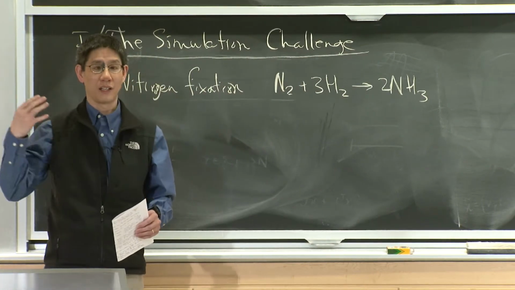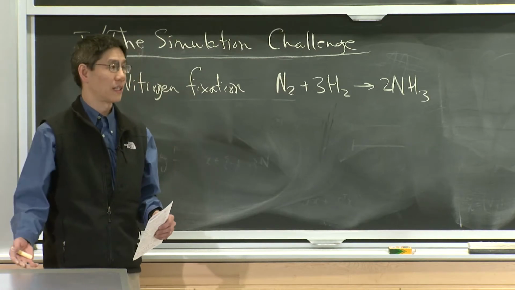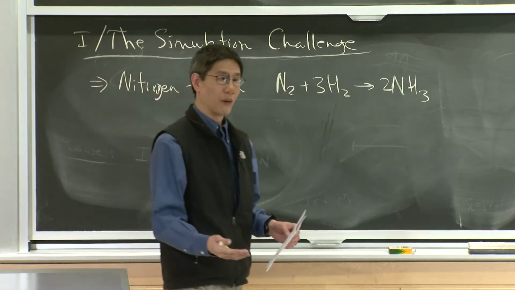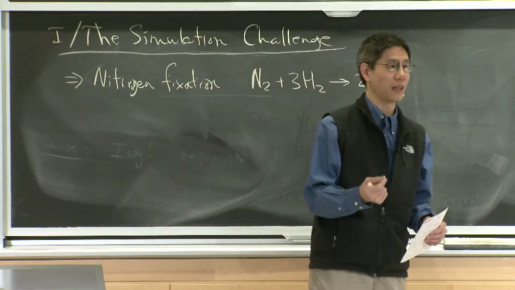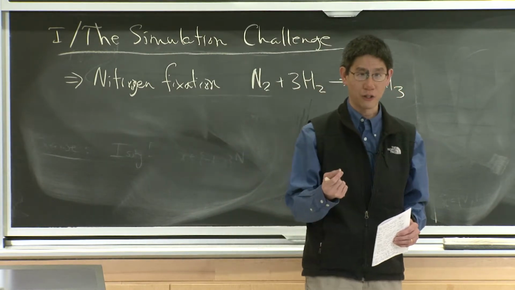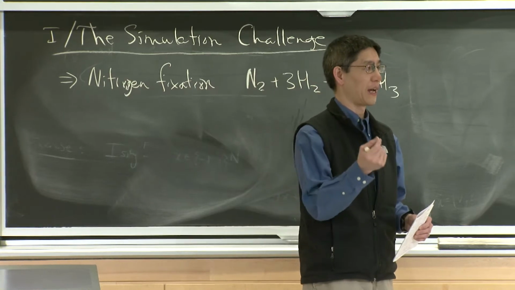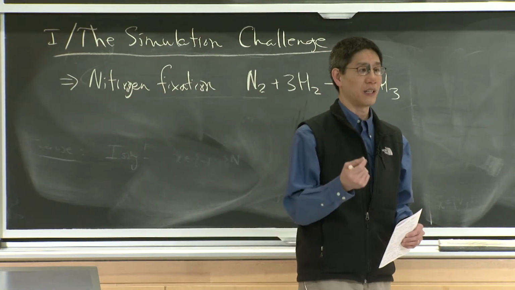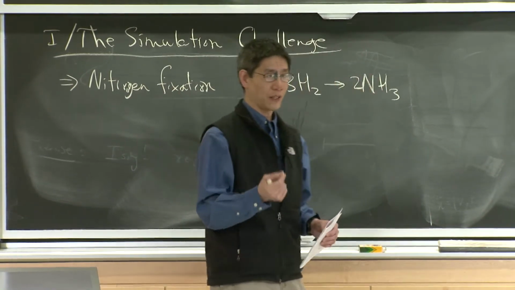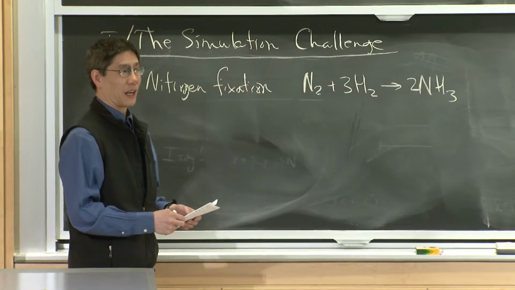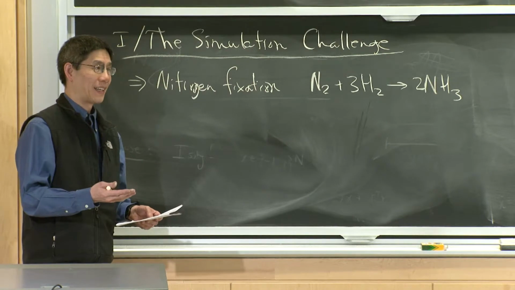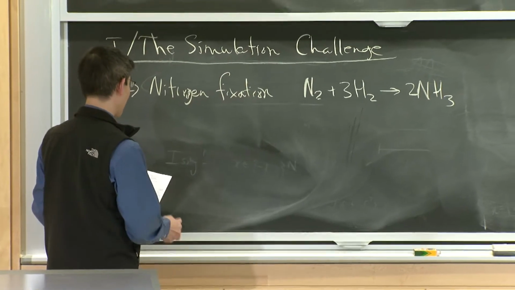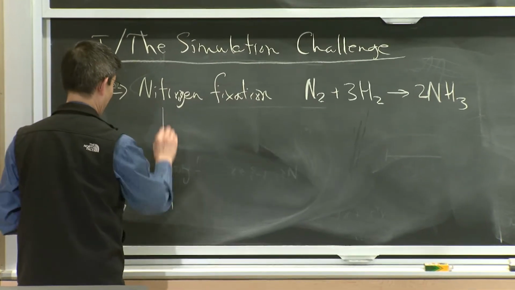Of course, in natural systems, in biological systems, this is not usually ammonia, but probably ammonium. And yet this is one of the most important processes to biological systems, including your life and my life, because it is the rate of this nitrogen fixation process that limits the production, for example, of food.